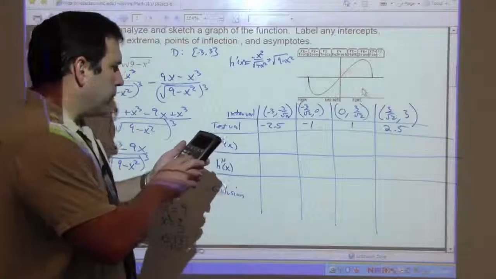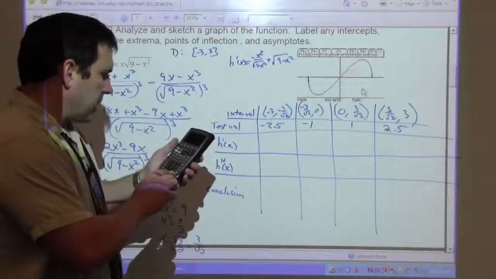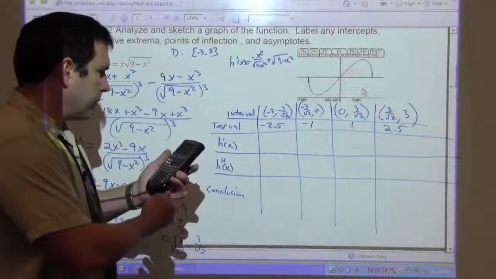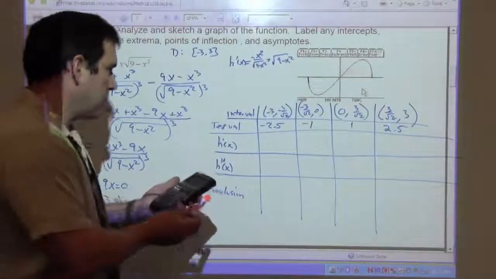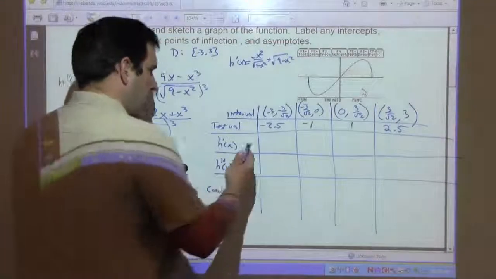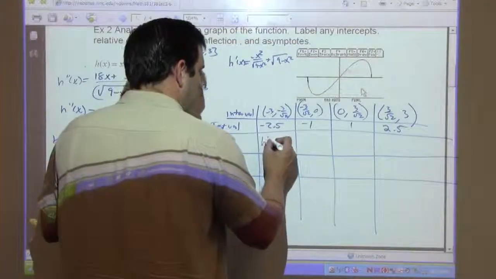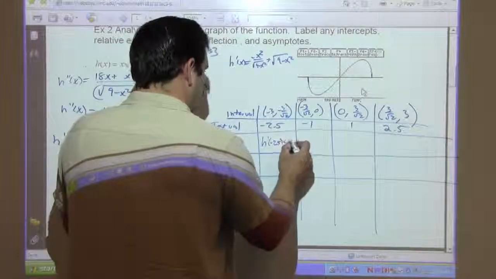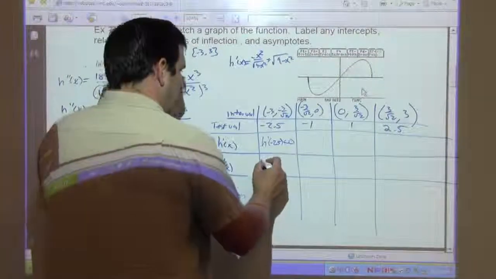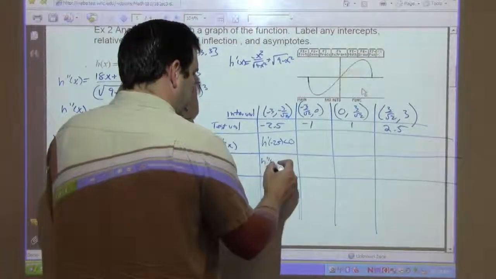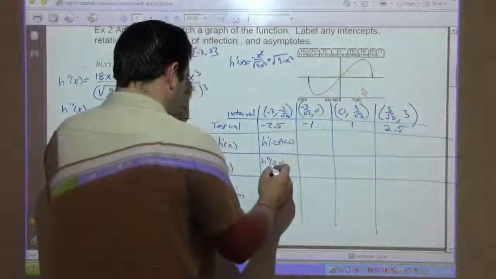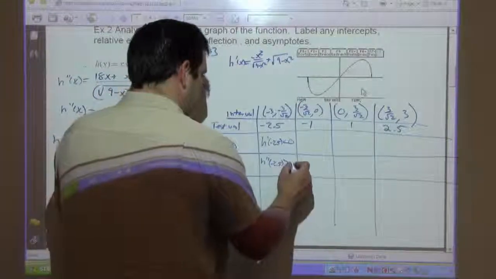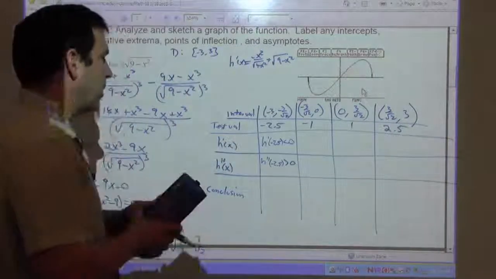So let's put in some values. How about negative 2.5? H prime of negative 2.5 is going to be negative. H double prime of negative 2.5 is going to be positive. So that means we're concave up.